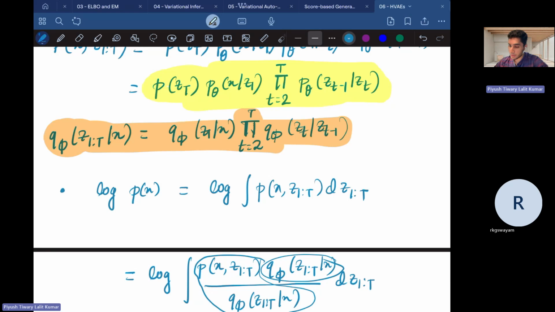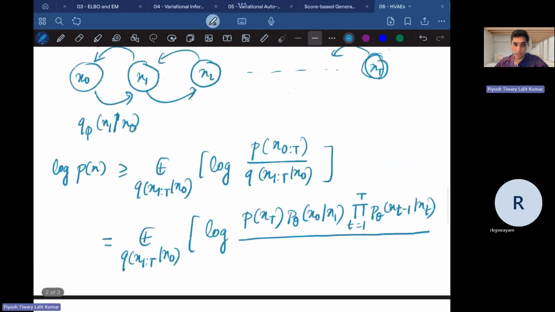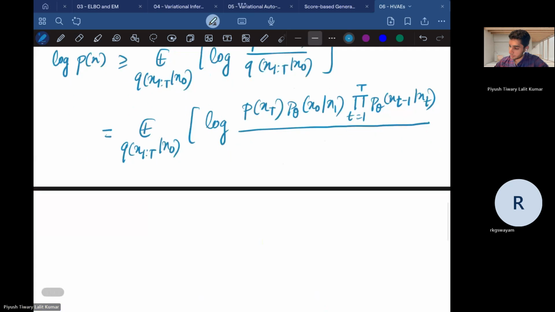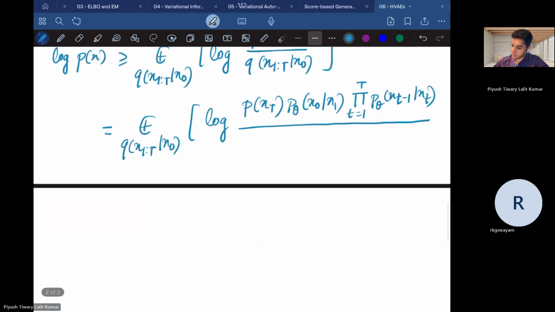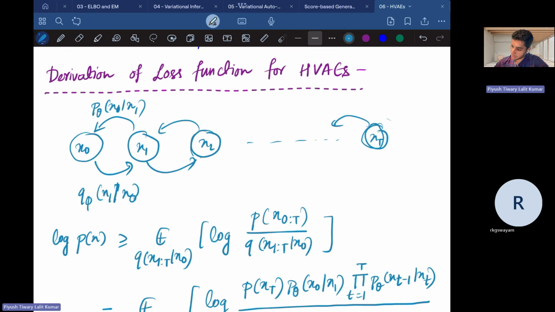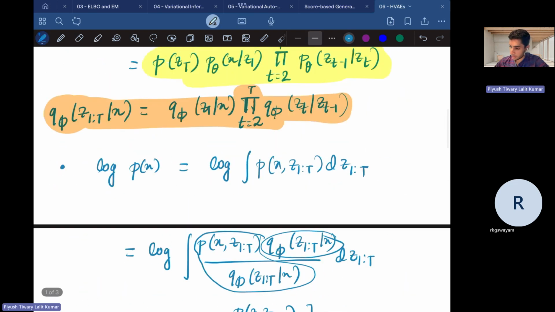Actually, you can just write everything in terms of xt here. So let me write it down. This thing is nothing but a product of q of xt given xt minus 1, because all the xt's, x2 for example, depend only on x1. According to this distribution it's zt given zt minus 1, so it becomes xt given xt minus 1.